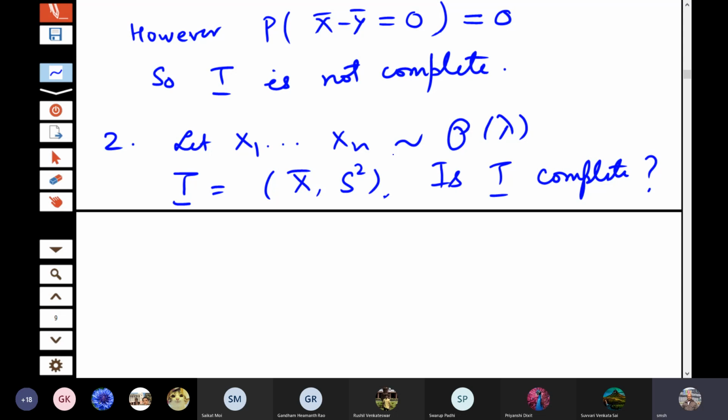So is this complete? From the properties of the distribution, we already have some information, so you should be able to answer this question. I want to check whether T is complete.